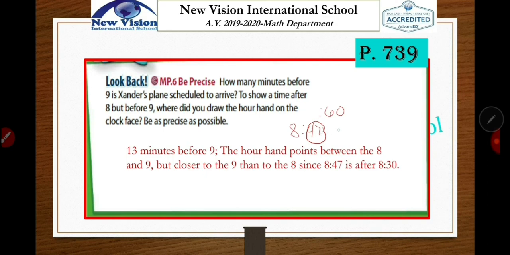Okay, you have here 47 plus 13 is 60. Once you reach 60, that is now at 9 o'clock. All right, good. Next.